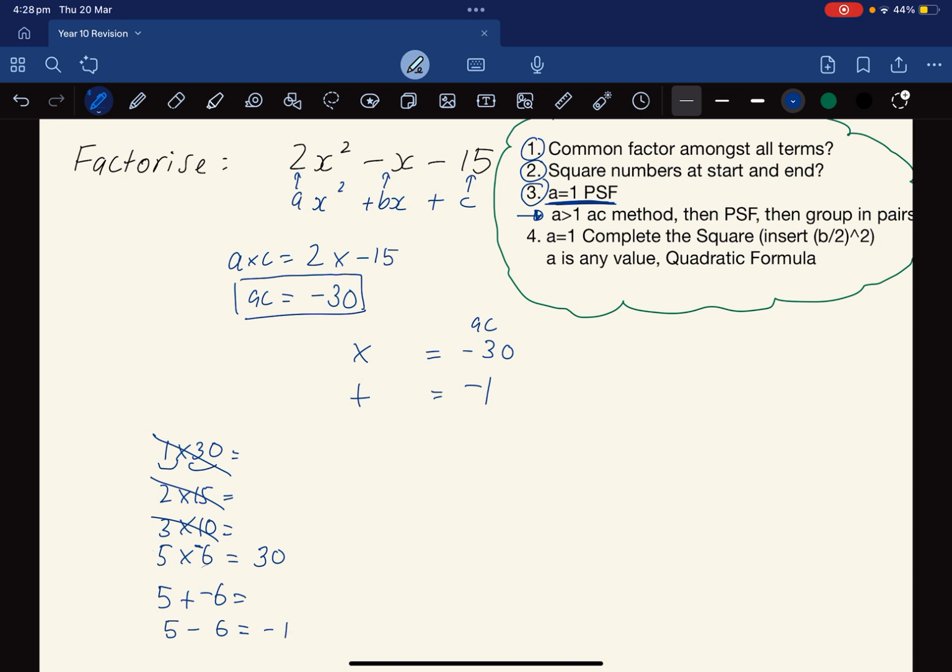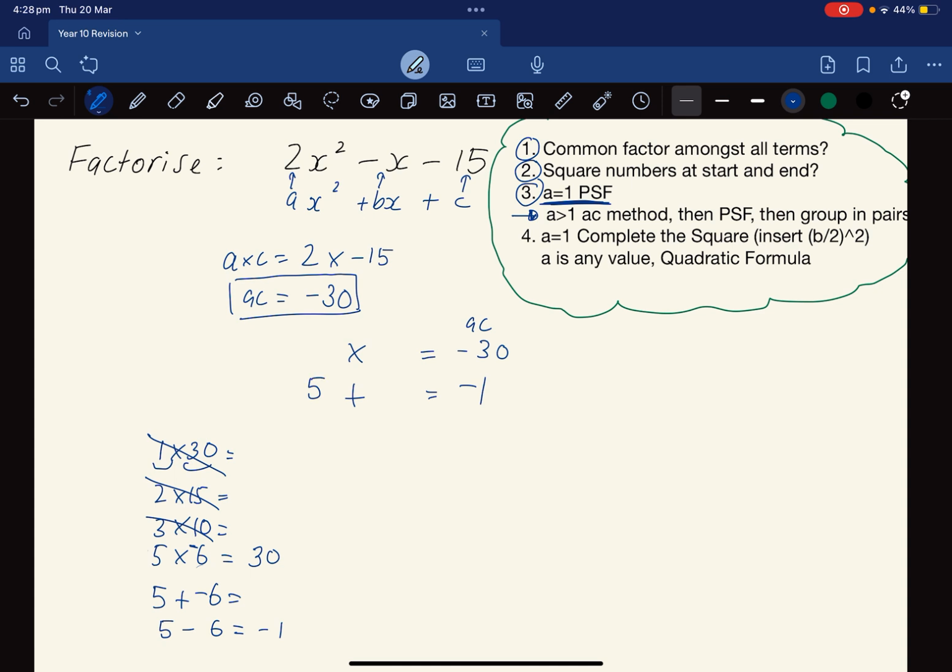We have got our factors, 5 and -6. So that's the hard part, just finding the factors, but go through the times tables and see what will get you in the vicinity when you add those numbers.